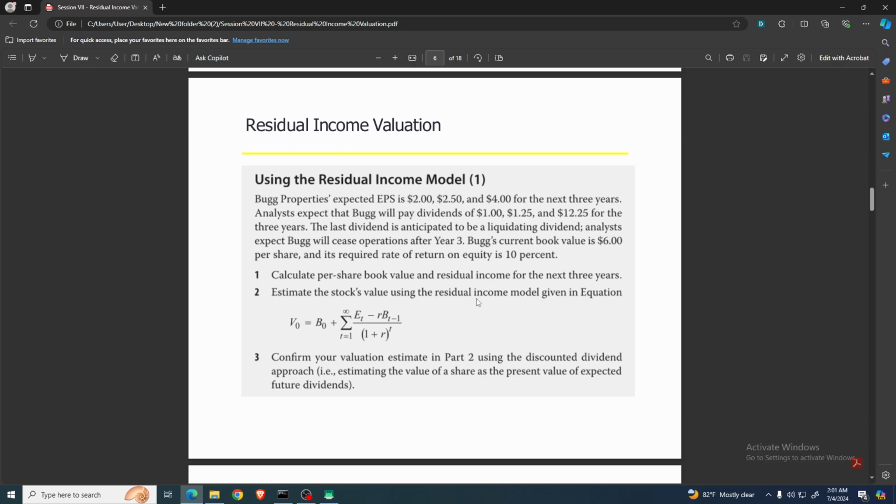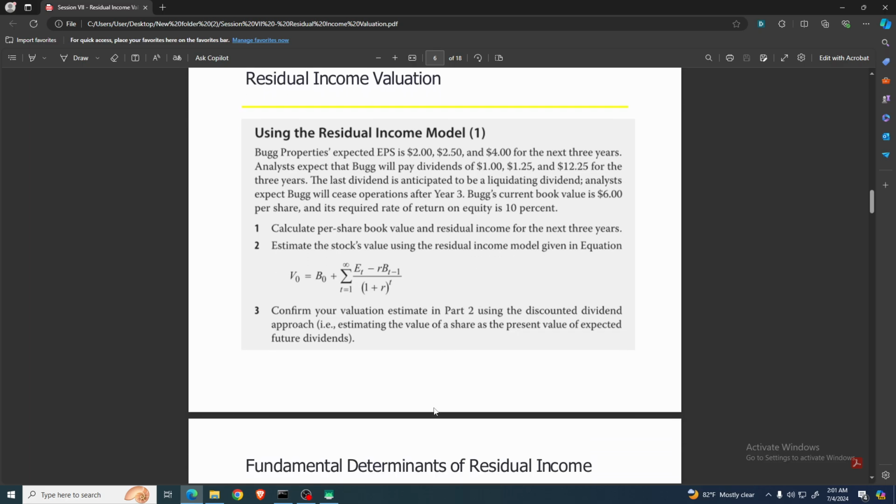So we have an example right here, and let's see how this is going to be applied. Here we have the bug properties example. The bug properties institution has an expected earnings per share of $2, $2.5, and $4 for the next 3 years.